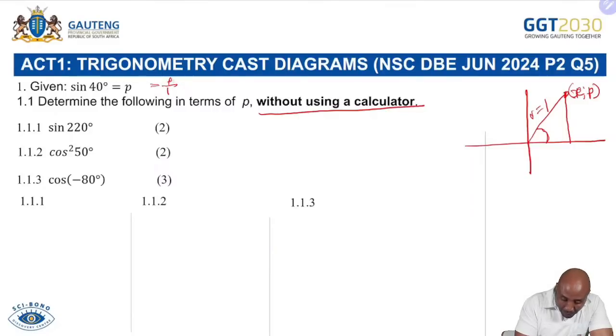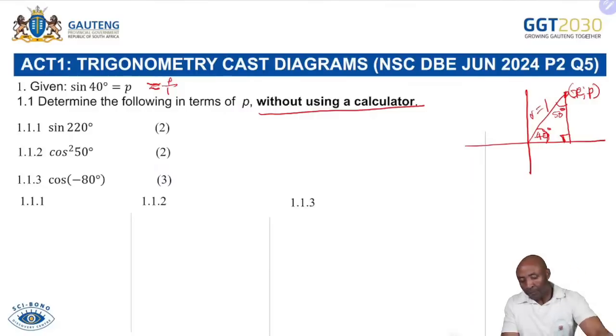Our y is P, our r is 1, which will give us our hypotenuse. We have our right angled triangle there. This is our 40 degrees, and this angle here will be 50 degrees, and this one will be 90, just to visualize what's happening.